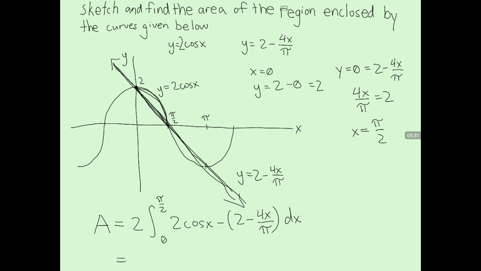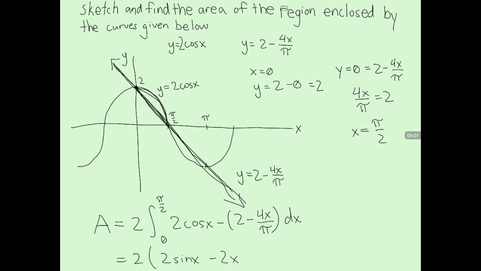Now, we're able to find the area underneath the curve by anti-differentiation because of the fundamental theorem of calculus. So first, what is the antiderivative of 2 cos x? Well, it is 2 sine x, because if you take the derivative of 2 sine x, you get 2 cos x. What is the antiderivative of negative 2?